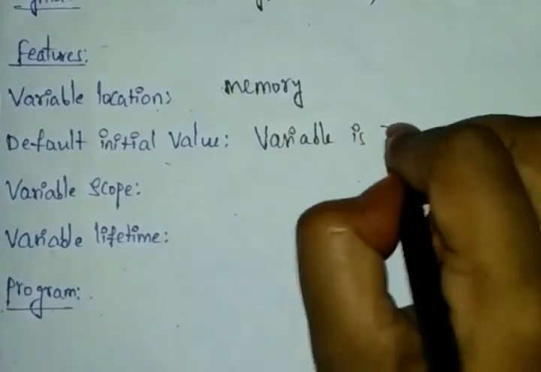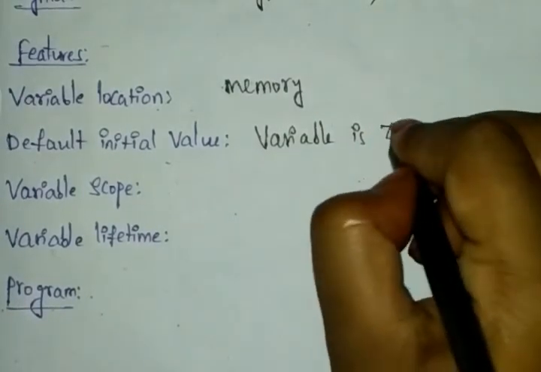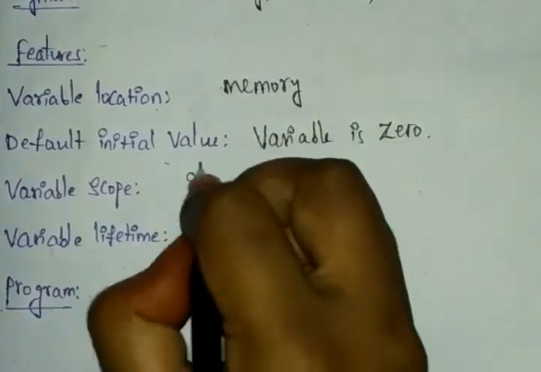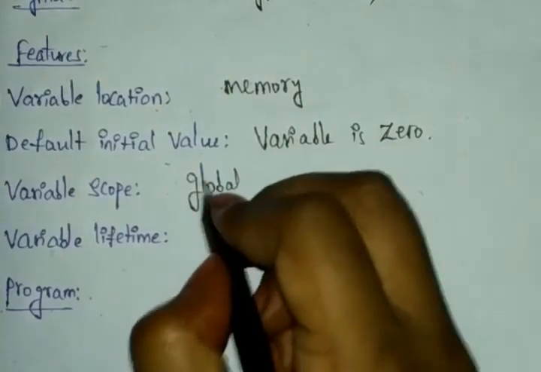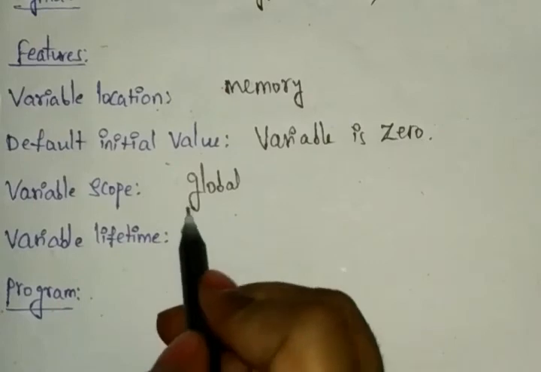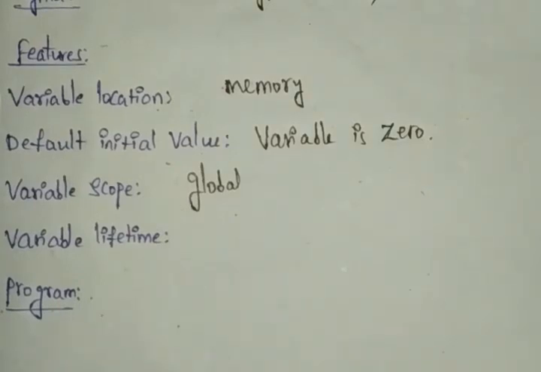It is also similar to our static. The default value assigned to the variable is 0, and the scope is global. Whatever you have, you are using those variables in the form of global functions, right? So the scope is global. And we have the variable lifetime for this.